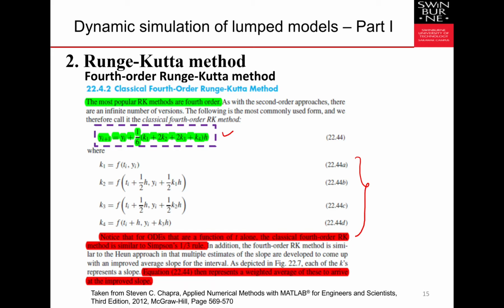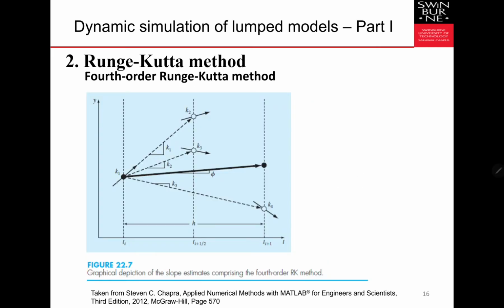Looking at this formula, we can see that this equation basically represents a weighted average of the slopes that we calculate, k1, k2, k3, and k4. For example, this line here shows the weighted average.